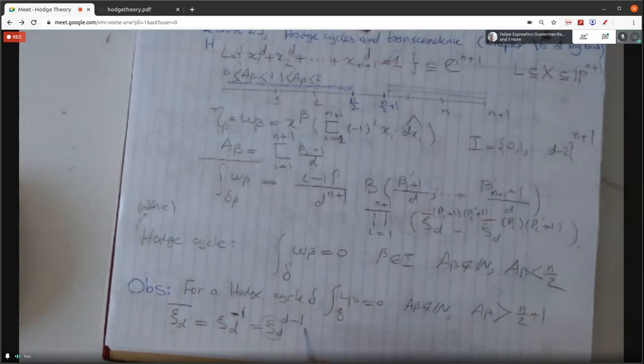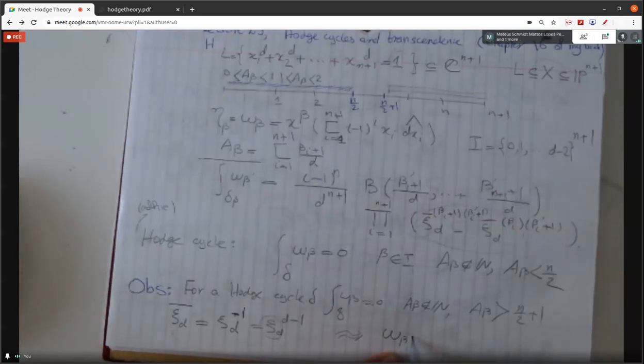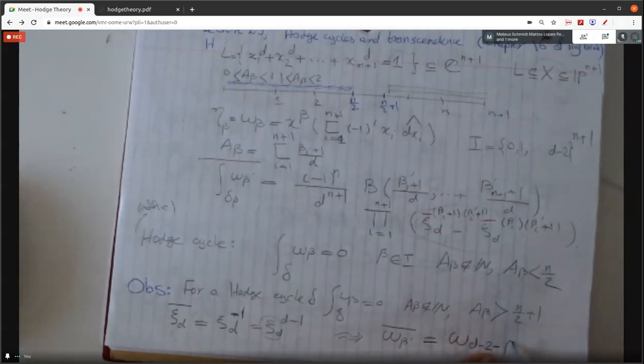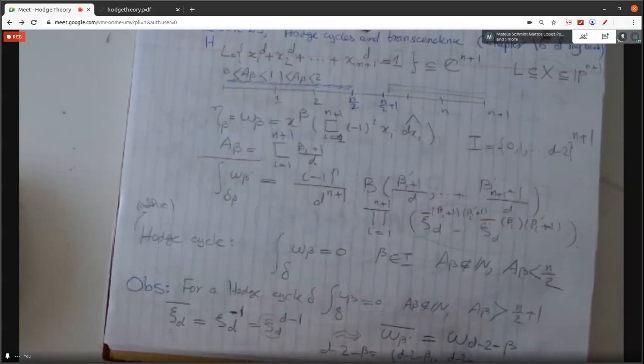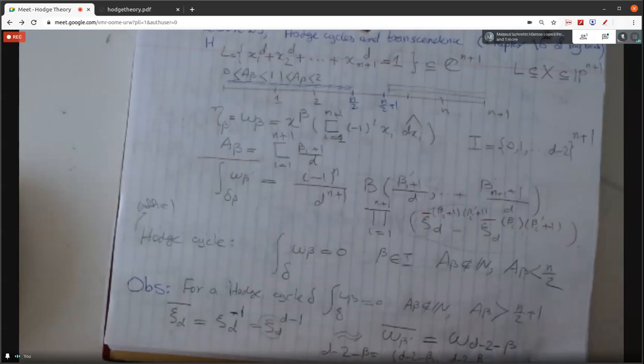And so if you use this one here, and then you use, let's say, the de Rham theorem, then omega beta prime bar in cohomology will be omega d minus 2 minus beta. So this means that d minus 2 minus beta is the same as saying d minus 2 minus beta 1, d minus 2 minus beta 2, and so on, and d minus 2 minus beta n plus 1.